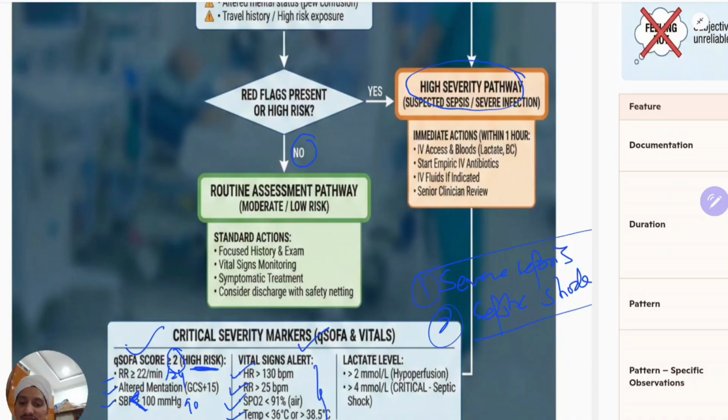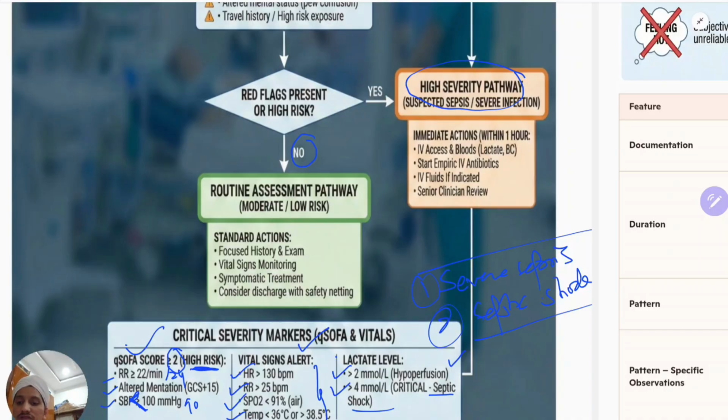These vital signs mean the patient is in severe infection. Now lactate levels are another thing. More than 2 millimole per liter indicates hypoperfusion, that means the patient is in sepsis, not septic shock. More than 4 millimole per liter of lactate is considered septic shock, so you should manage in ICU.